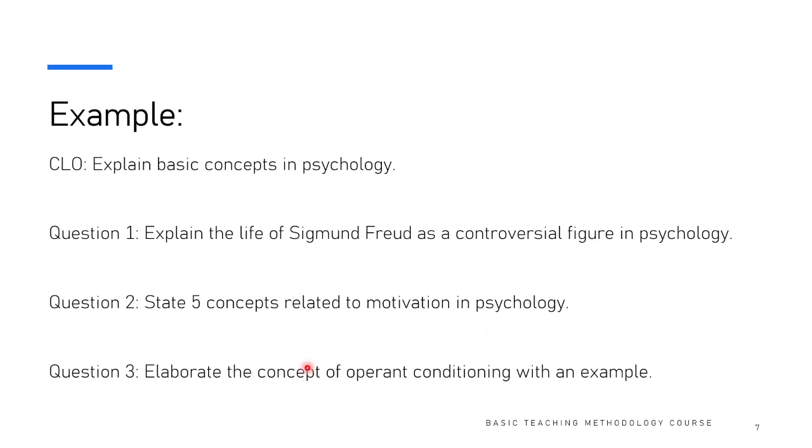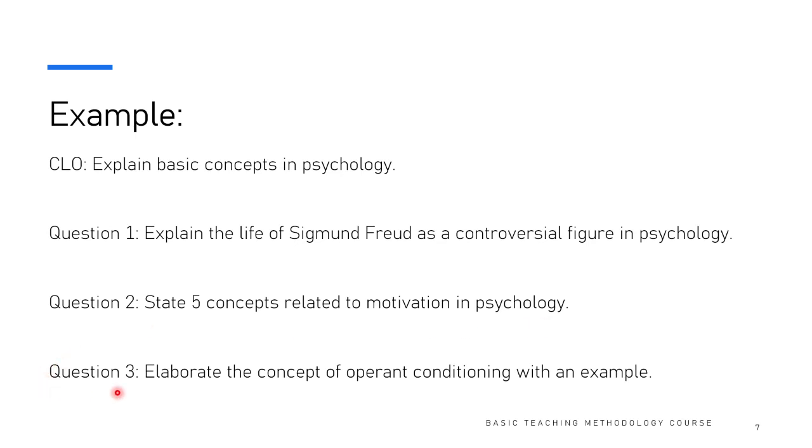Now here is a mini exercise for you. Let's look at the construction of these questions. Question 1 asks, explain the life of Sigmund Freud as a controversial figure in psychology. Question number 2 demands that students state 5 concepts related to motivation in psychology.